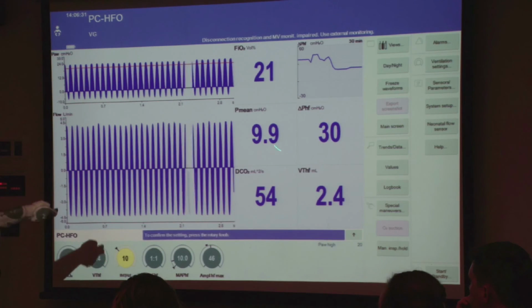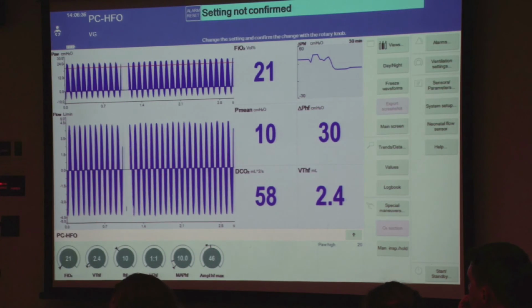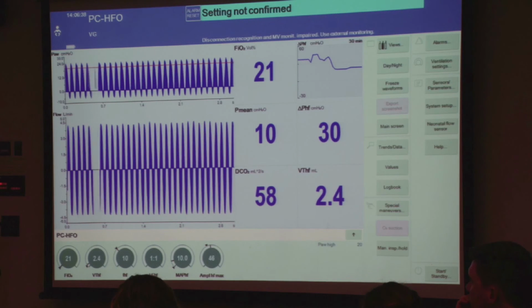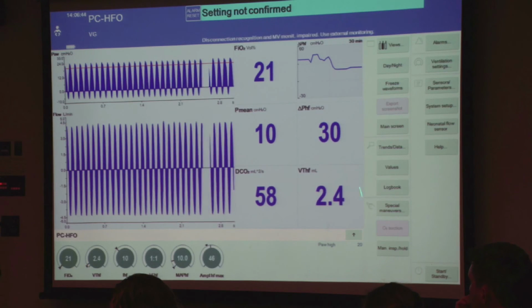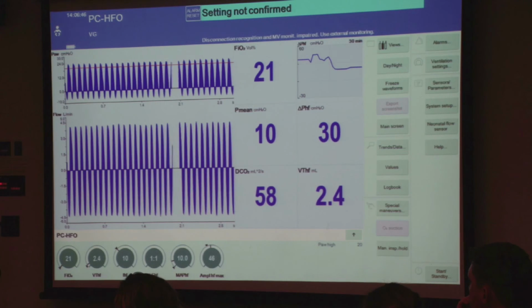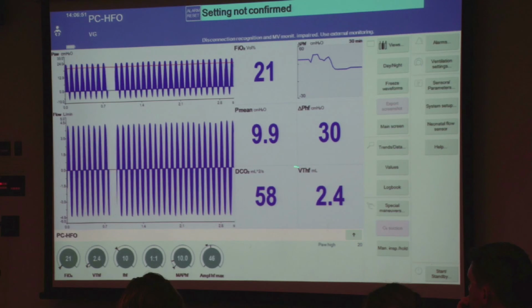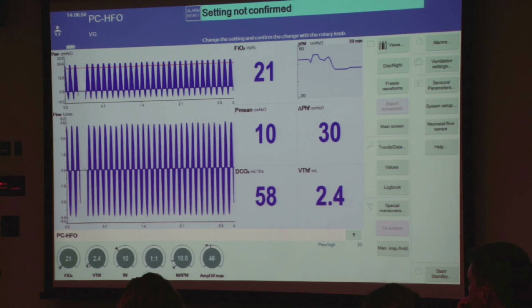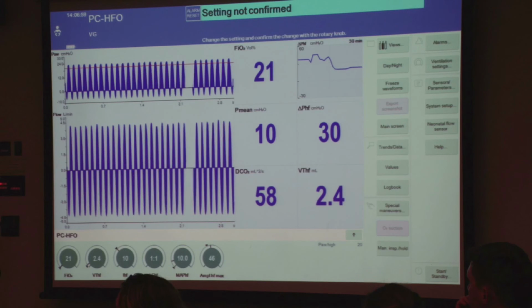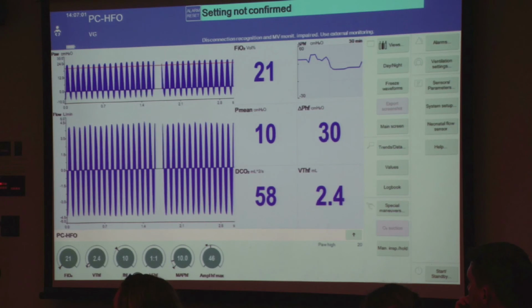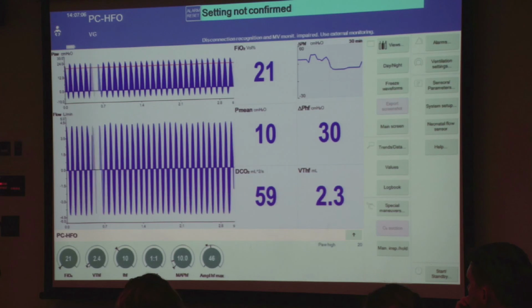We're not altering the amplitude to impact these two parameters, but we're fixing one of them, and if we change the frequency, this will change, but this will remain fixed. So at least in volume guarantee, this is not so well correlated as is this with PCO2. If you're off volume guarantee, then yes, you can use either of them.